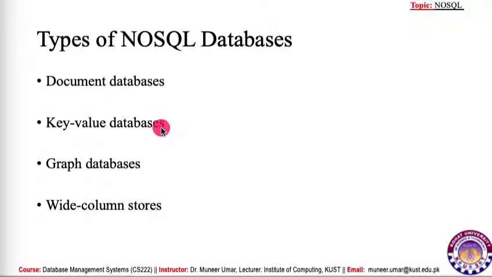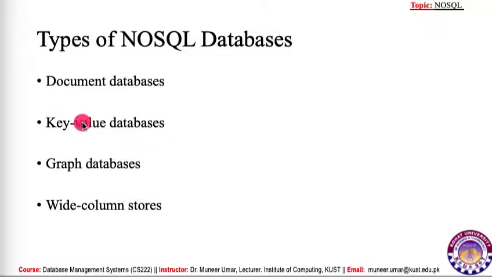In key value databases, the items contain keys and values. A value can typically only be retrieved by referencing its key. So, learning how to query for a particular key value pair is typically simple.